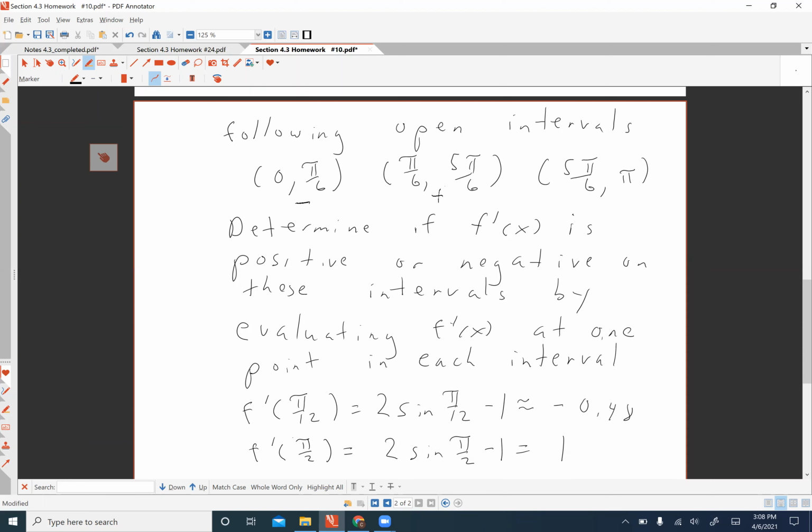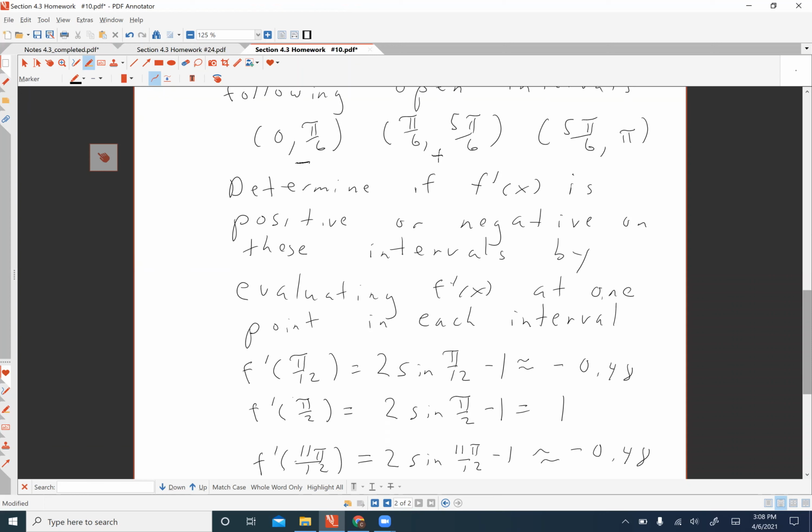And then now let's look at the interval to the right of 5 pi over 6. Now we'll use 11 pi over 12, because 5 pi over 6 is 10 pi over 12. So let's look at halfway in between 5 pi over 6 and pi, which is 11 pi over 12. And we evaluate 2 sine of 11 pi over 12 minus 1.